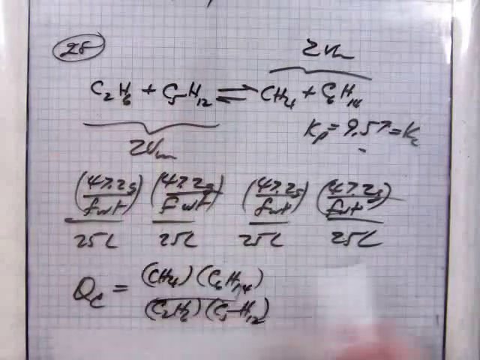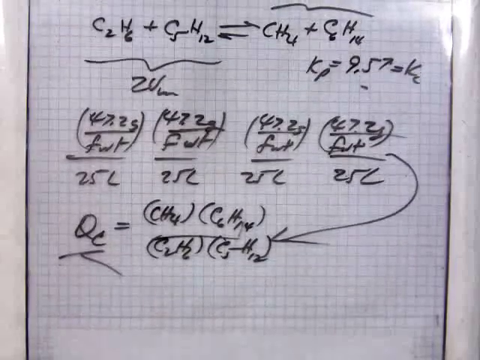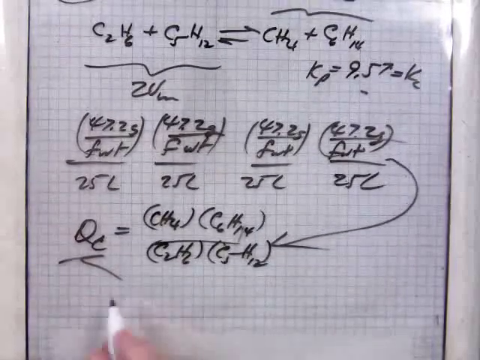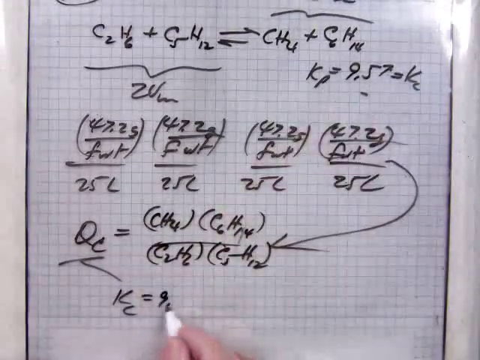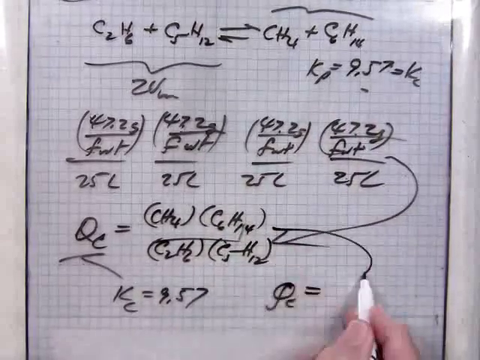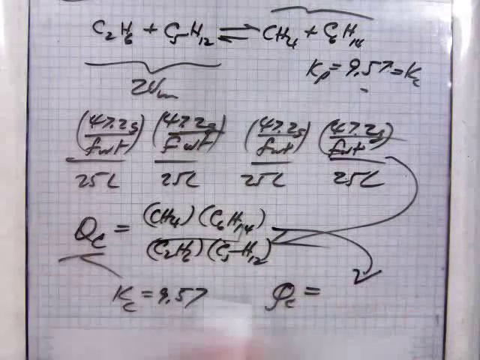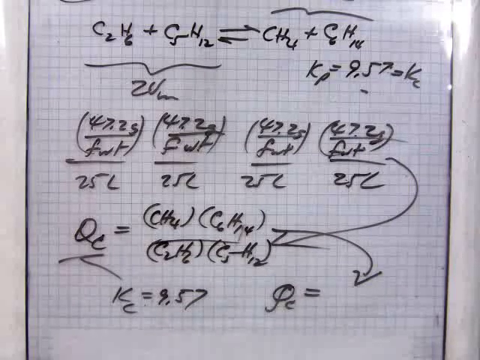You plug your data into that, and when you get that number, you write Kc equals 9.57, and Qc equals whatever that one is. If you keep K first and Q second, the inequality, if there is one, will answer that question real fast. Hopefully you study that. Same way with 29, it's a left-right shift.